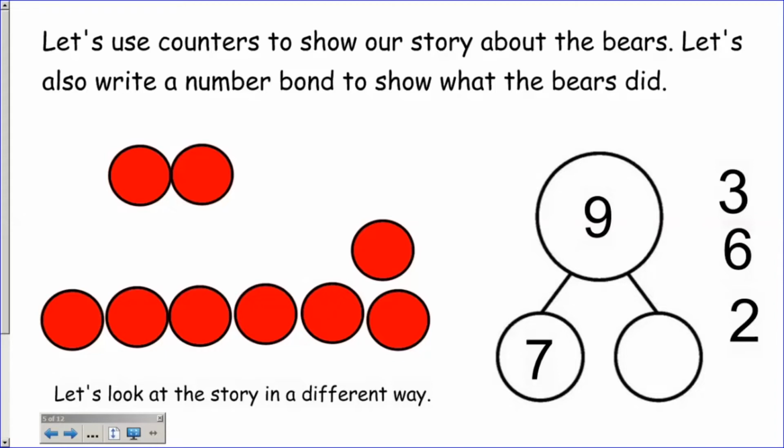Well, there's 2. Let's add the number 2 to our number bond. Very good. Our number bond for this story says that there were 9 bears, 7 bears went to the cave, and 2 bears went looking for some honey.